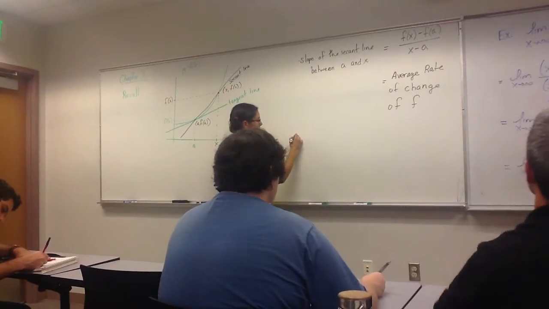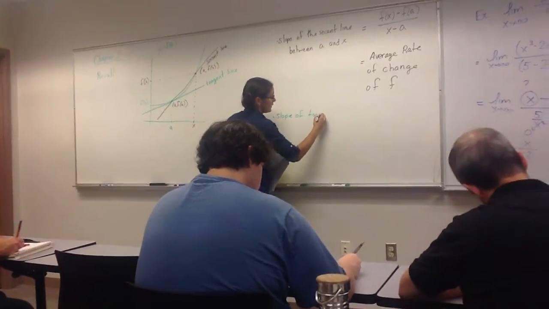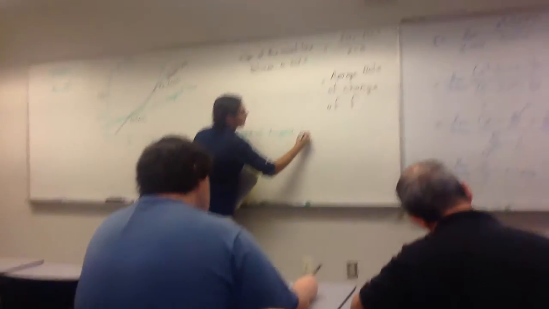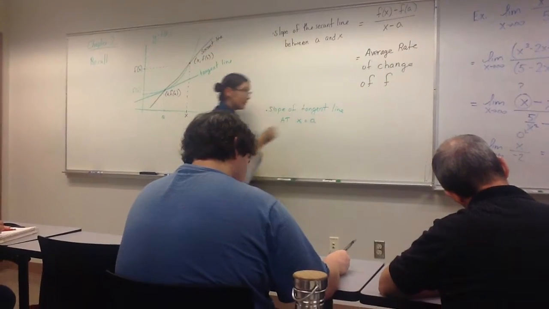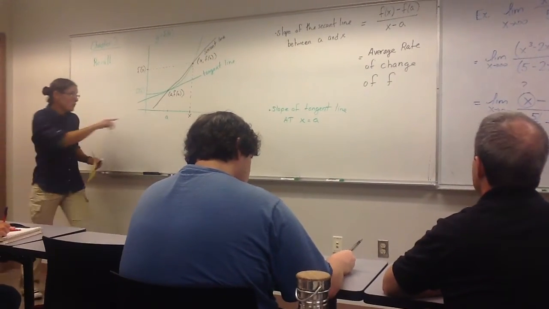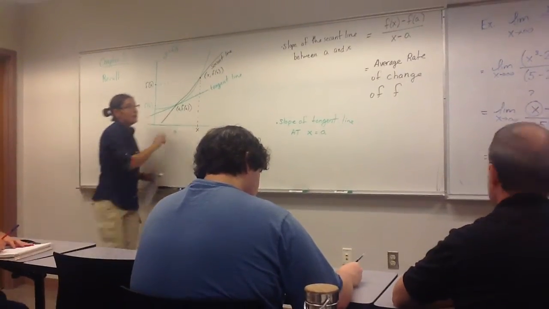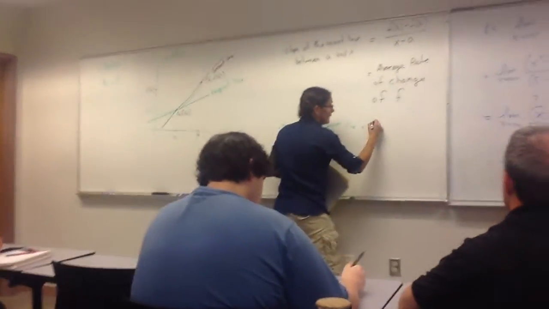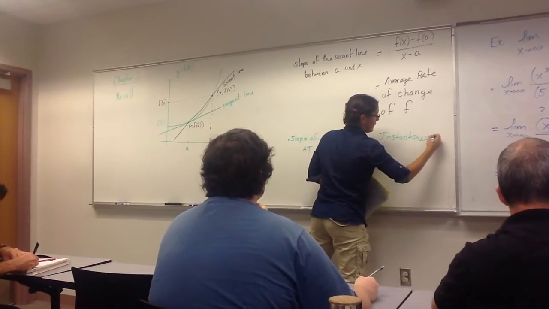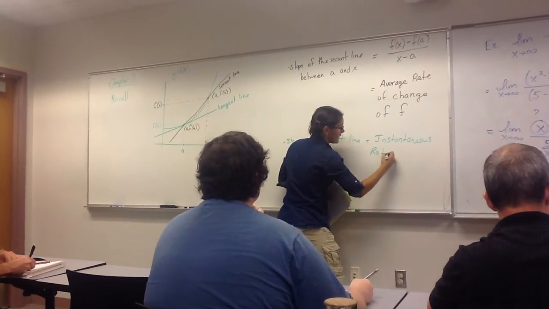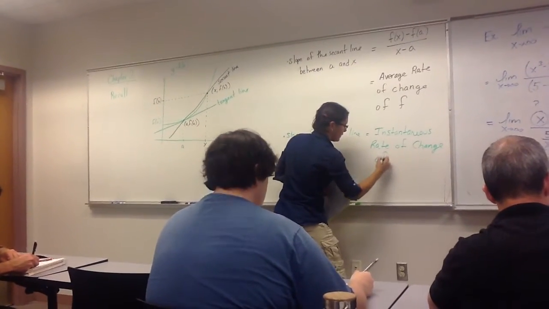Now, our tangent line, the slope of the tangent line at x is equal to a, so right at this point when x is equal to a, the slope of that tangent line, this is going to be our instantaneous rate of change of f.